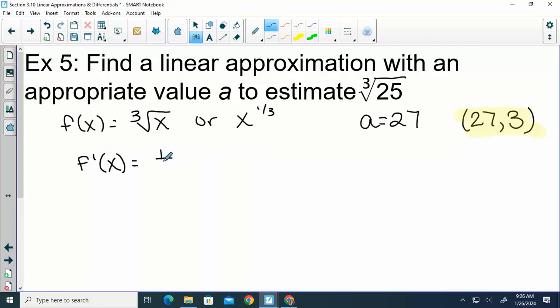Derivative. If you want to rewrite it, a negative exponent puts it on the bottom. Then to get our slope, what value do we put in? 27, our a value.